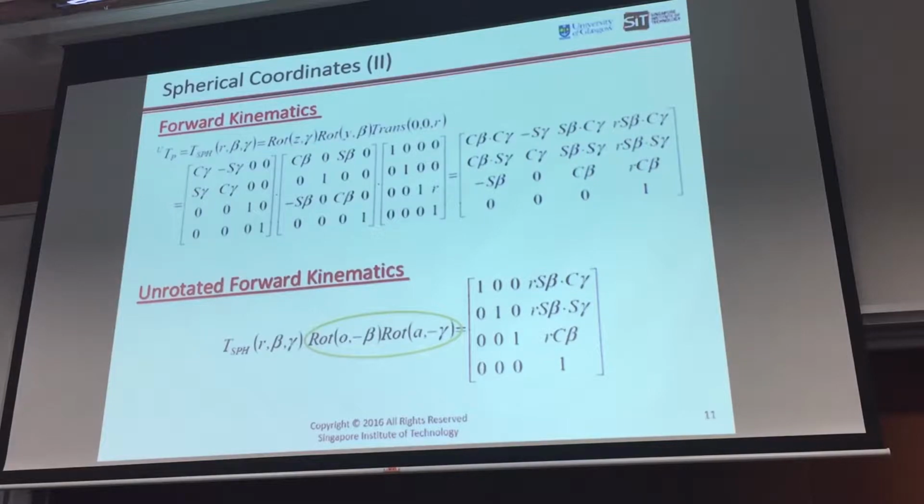Okay, if you look at your unrotated matrix, you have your I matrix, 0, 0, 0, 1. You have R sine beta cosine gamma, R sine beta sine gamma, R cosine beta. Right? And then you are given your Px, Py, Pz. Basically, what you will do is by comparison.